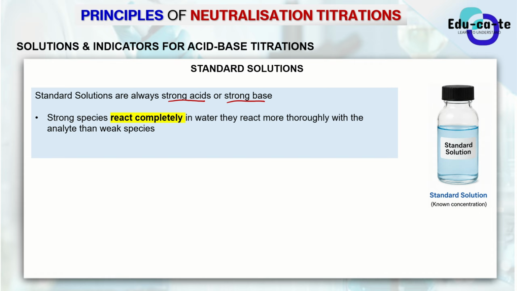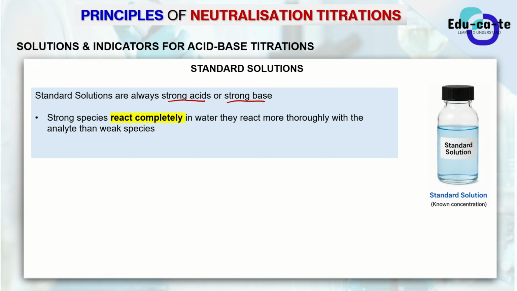Remember that I've already said that the standard solution does not always have to be an acid, and it does not always have to be a base. It is just a solution whose concentration you know. It can either be an acid or a base, but whatever it is, it must be strong.